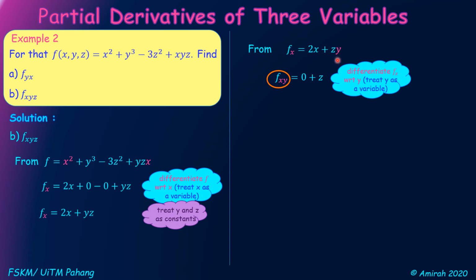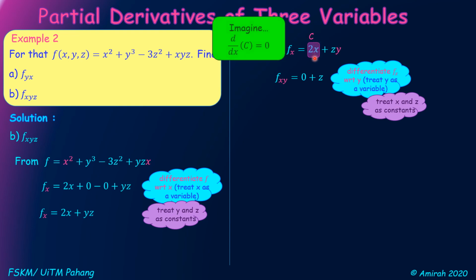So to avoid error and make it easy to differentiate, we can write variable y in different colors. Then we treat x and z as constants. So from here, when we differentiate 2x, x is a constant because we treat x as constant, so constant times 2 equals constant.